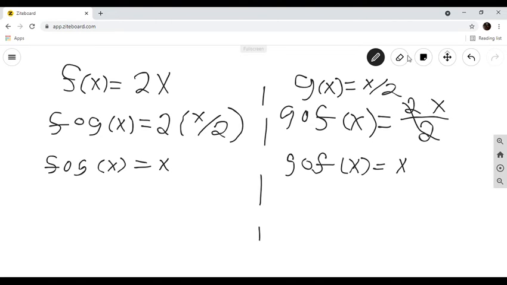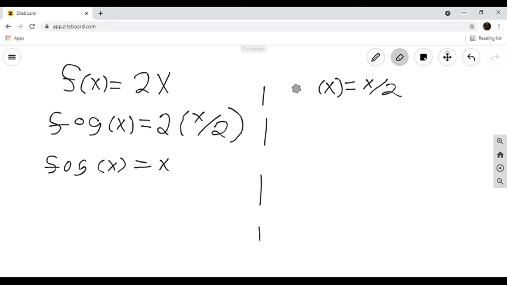So another way we might write this is actually f to the negative 1 of x. Remember that when we have that negative power 1, it just means flip it. Well, flip it is another way of saying inverse. So we're saying here that f to the negative 1 of x means that this is the inverse of this one.